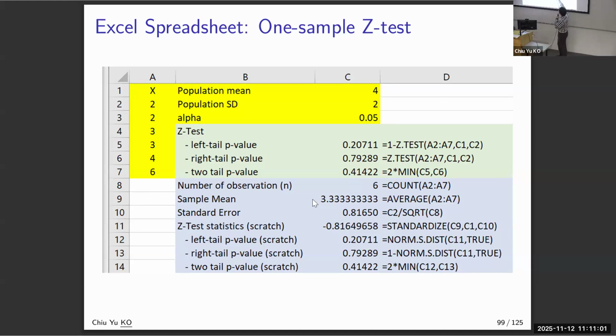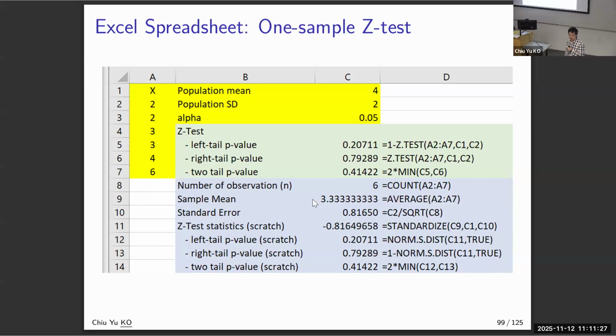This is simply what we call standardized, which means this C9, the sample mean, subtract the population mean, which is C1, divided by C10. So the standardized value means the first number minus the second number over the third number.